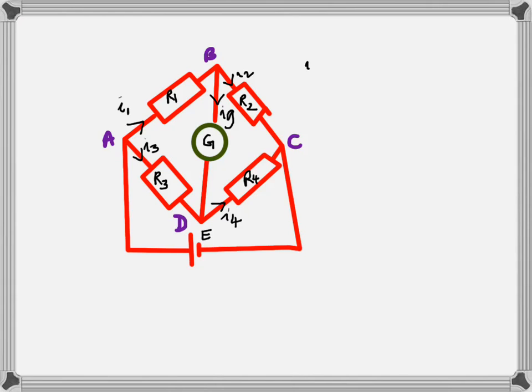So you see the resistances R1, R2, R3, and R4, don't you? 4 of them. The currents, I've labeled them. I1 is the current through R1, I2 is the current through R2, I3 through R3, and I4 through R4, just to remember. And the current through the galvanometer is Ig. And there is a battery of EMF E.